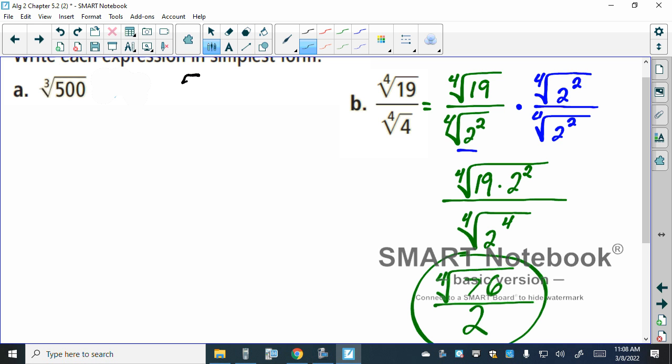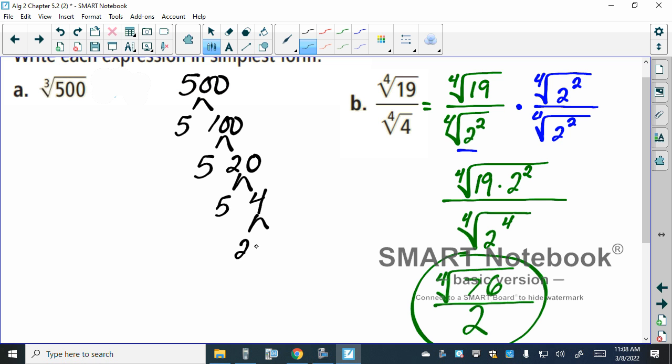Well, we can do our factor trees, which we can say, well, 5 and I can do 5 again, 20, which is 5 and 4. We do have three 5's, yes? And how many 2's? 2. Do I have enough 2's for this to simplify the cubed root?